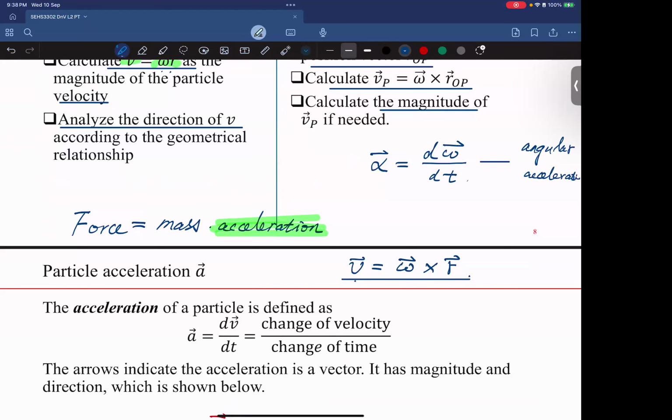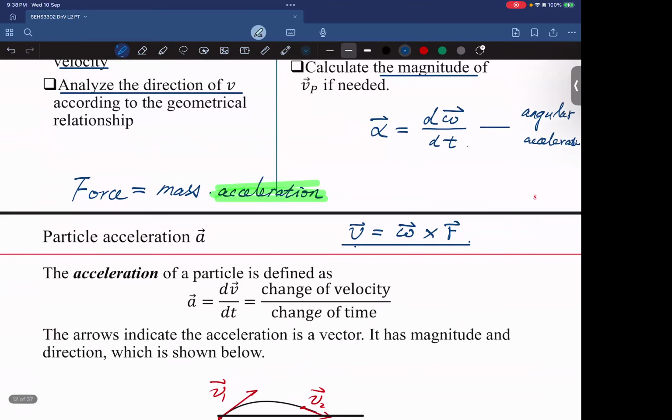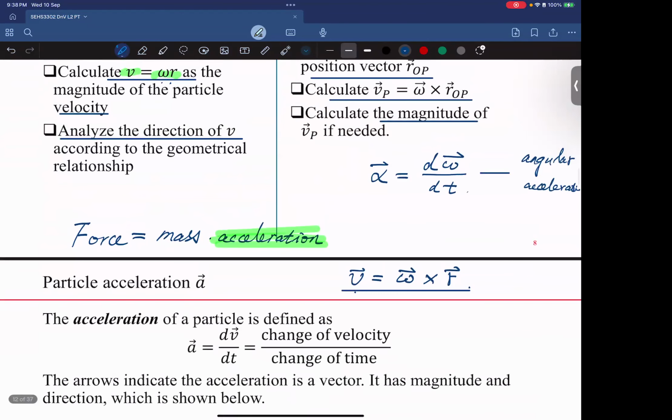Based on that, we need to know the particle acceleration, right? If we have a rotating board and a particle on it, as the board rotates around its center, what is the acceleration of such a particle, and what is the direction of such an acceleration?